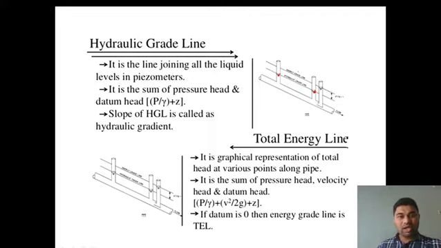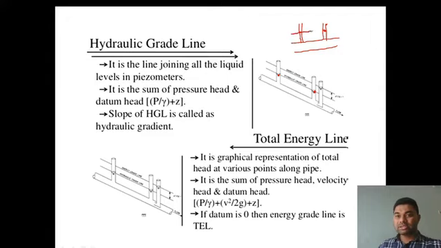What is the hydraulic grade line? It is the line joining all the liquid levels in piezometers. Suppose this is a pipe, and one piezometer is installed here, another here, and one more over here. These are the piezometer readings.